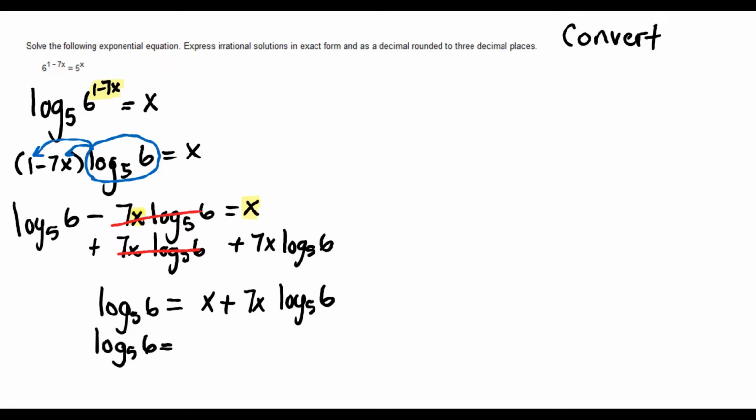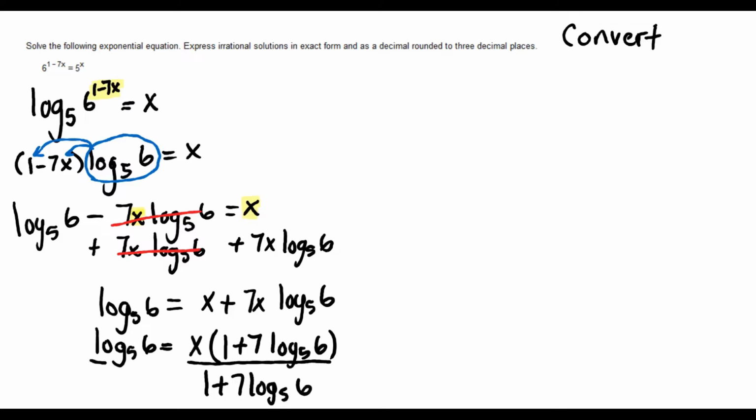From there, I'm going to factor out the x. When I factor out the x, I'm left with 1 plus 7 log base 5 of 6. And now I can get that x by itself by dividing by what's in the parentheses, 1 plus 7 log base 5 of 6.